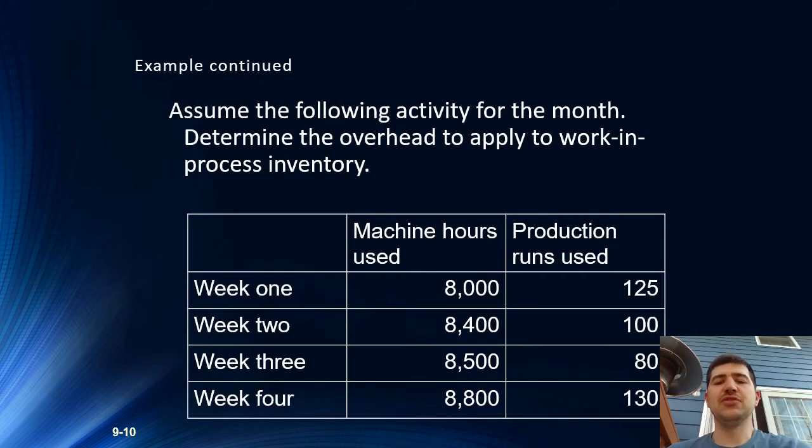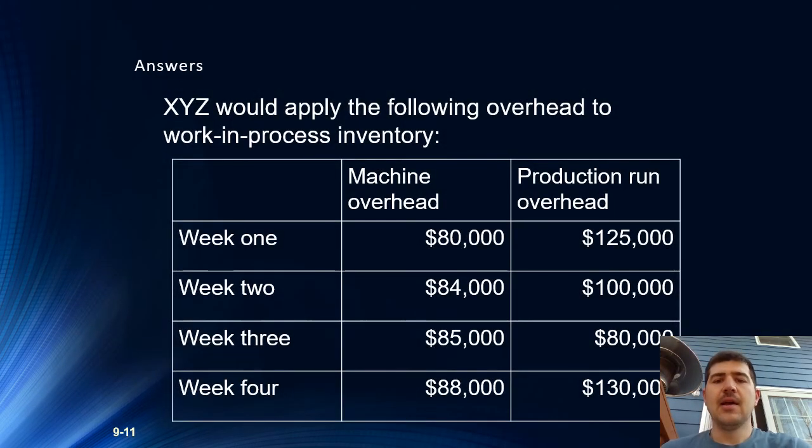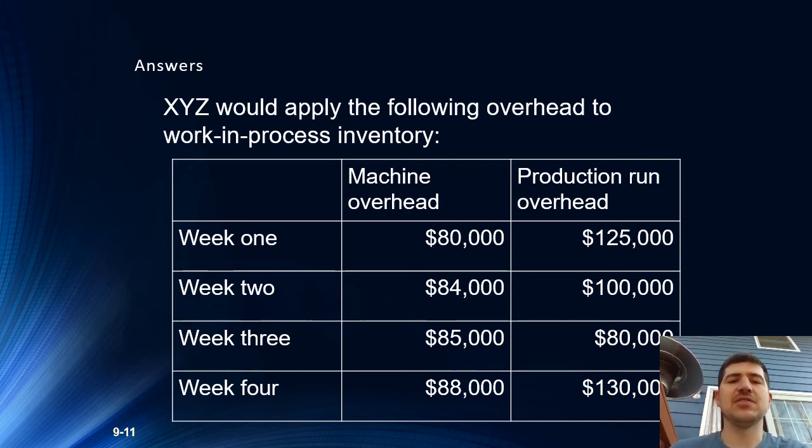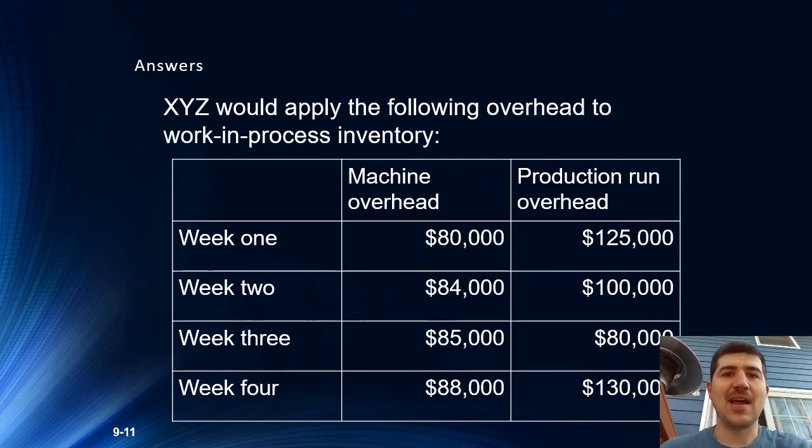So as you go through, you see that in week one, we had 8,000 machine hours and 25 production runs. You just multiply those 8,000 hours times $10, which is $80,000.